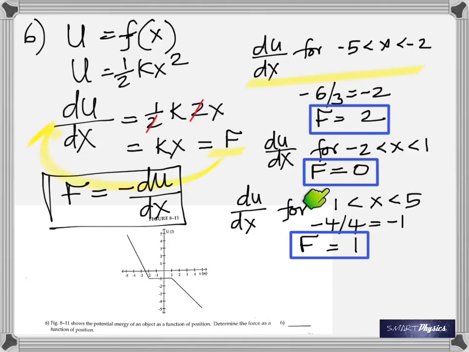Yeah, that's why I've got that. And then x between -5 and -2 is this part. I found the slope of that part, I got it as 2. Then I found the slope of this part, of course, having a smaller slope, I got it as 1. That's it. So the simple idea is F is minus du by dx, which will help you.